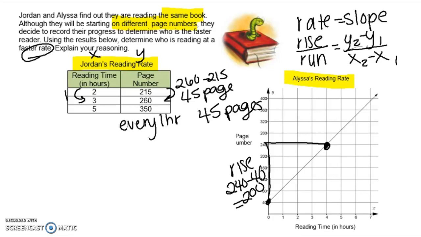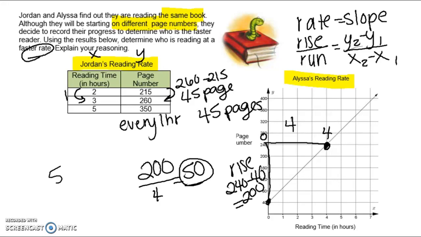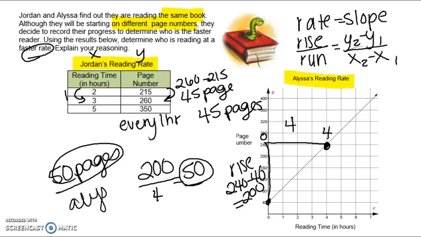And my run, I went from 0 to 4, so my run is 4. So the slope would be rise over run. So Alyssa is reading 50 pages per hour. So my answer would be Alyssa.